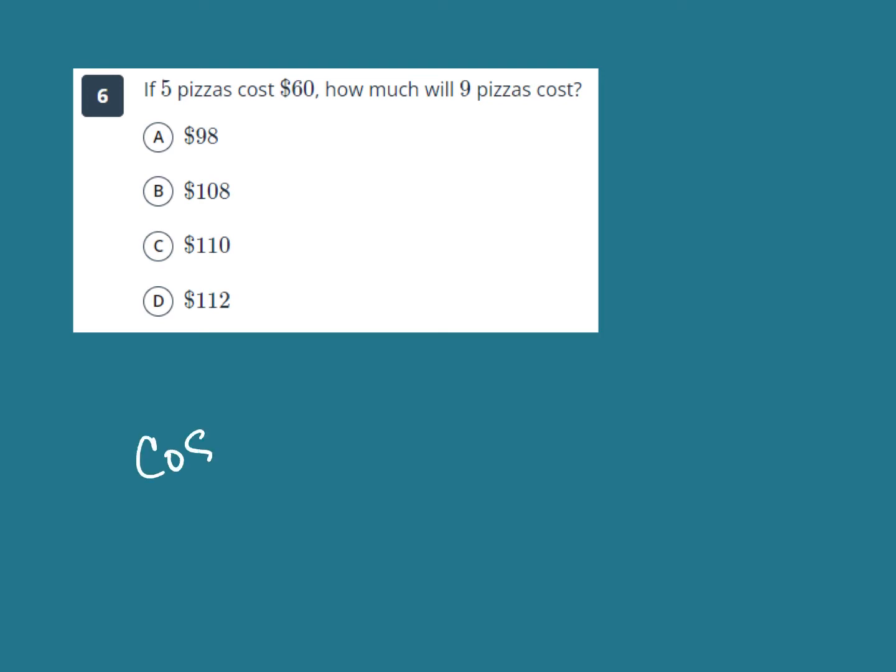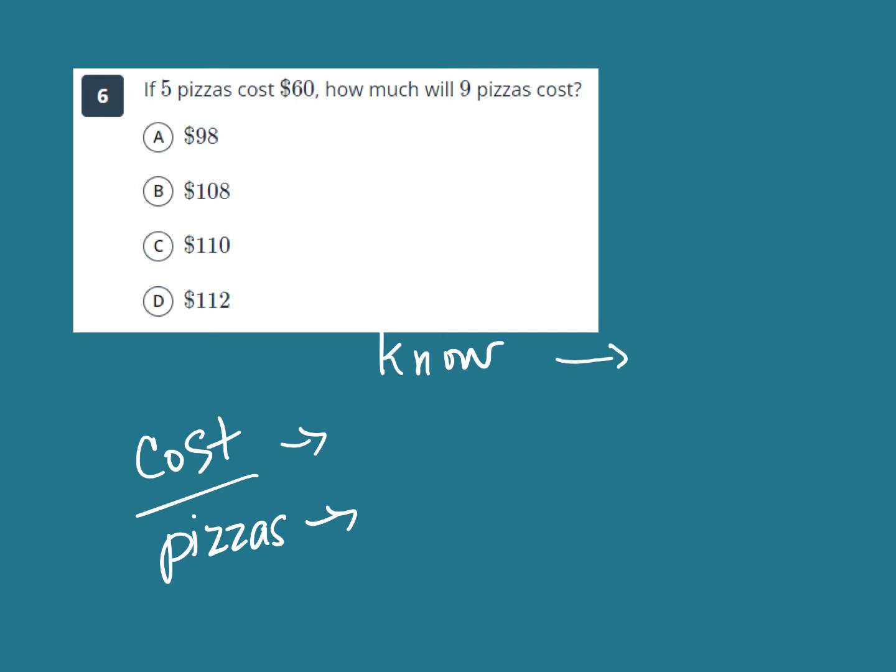So it's cost over pizzas. And this is what we know, compared to what we are trying to find, our new amount of pizzas, right? And here is what we've got.